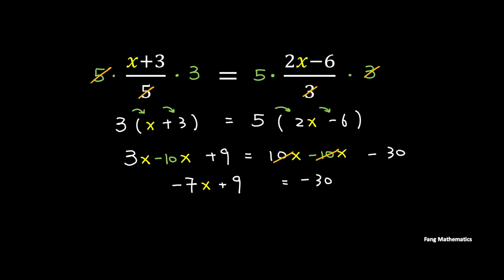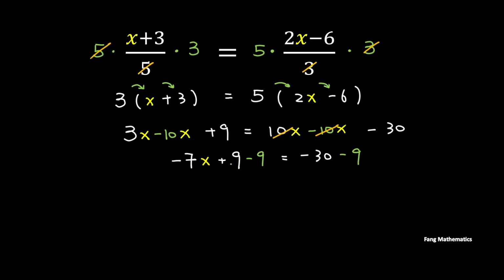Let's minus 9 on both sides to remove the plus 9. On the left-hand side, I believe the plus 9 and minus 9 gets eliminated, leaving you minus 7x, and on the right, minus 30 minus 9 to give you minus 39.